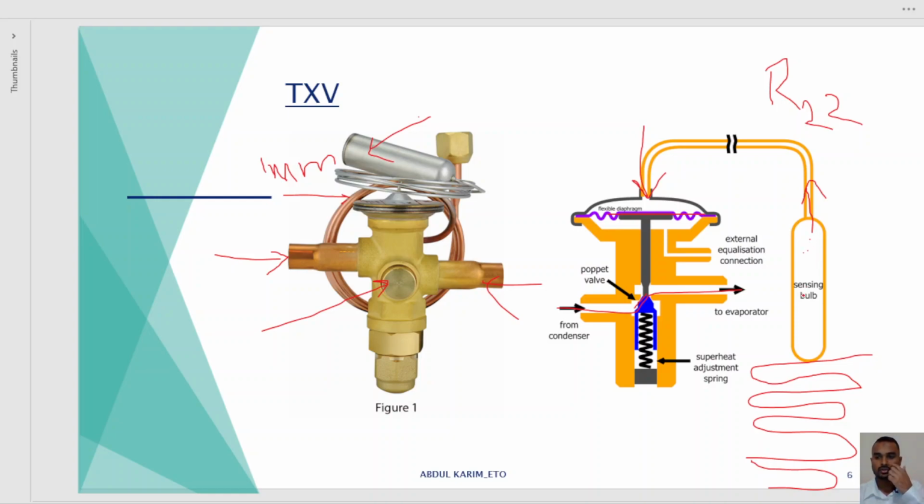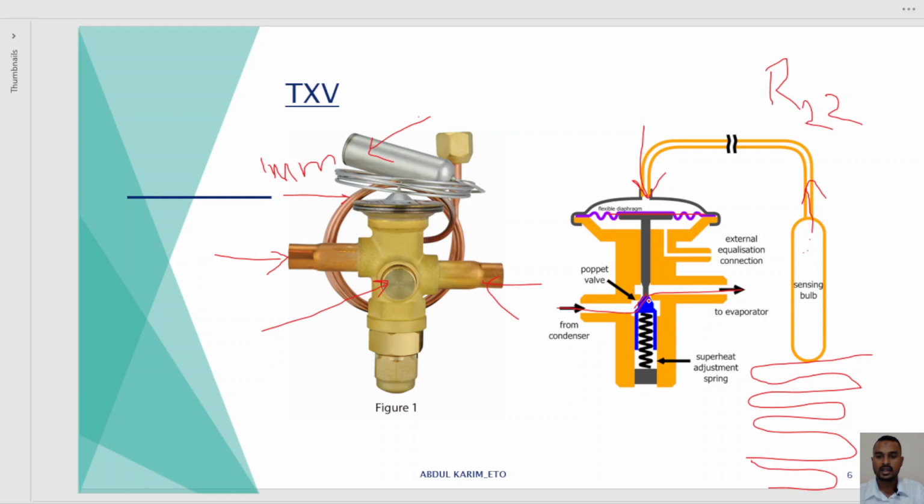As it is cold, the discharge pressure will be low. As the discharge pressure is low, the downward force will be released. As the downward force is released, according to the spring back pressure, the diaphragm will go up.